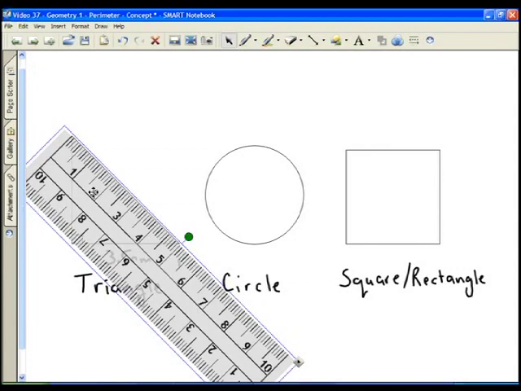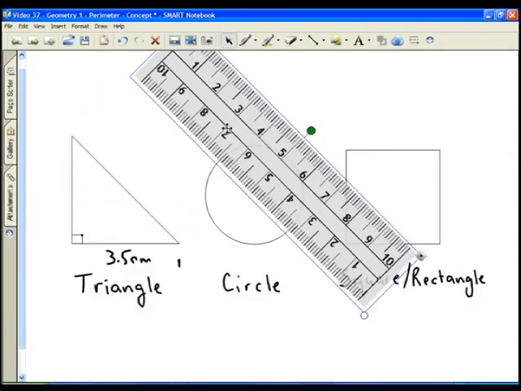And you see here we're at 1, 2, 3, 4, almost 5 centimeters, about 4.9 centimeters.